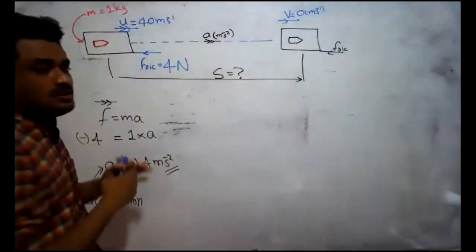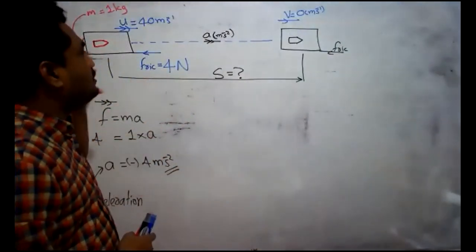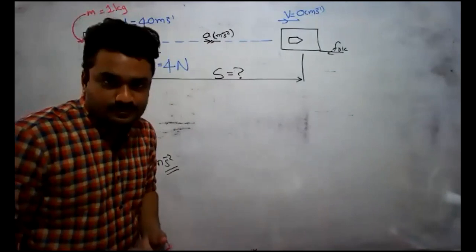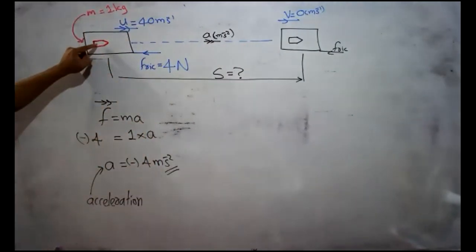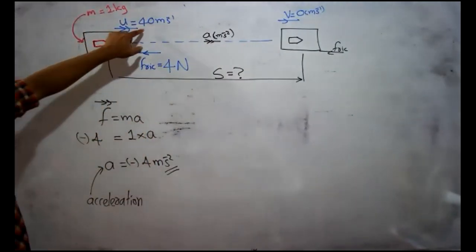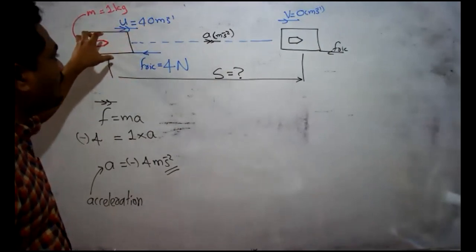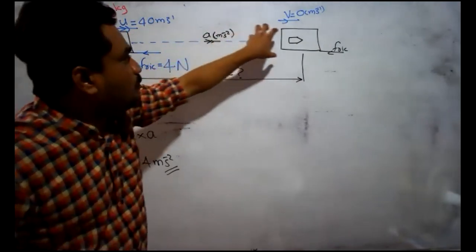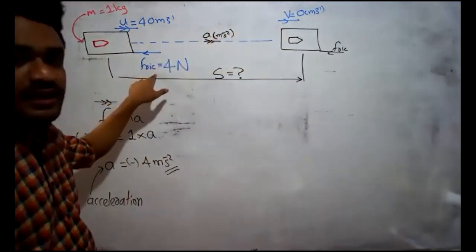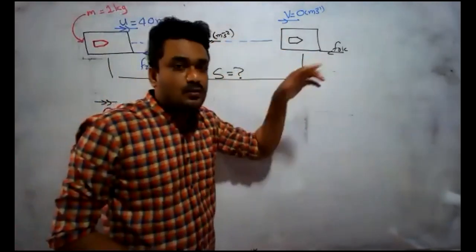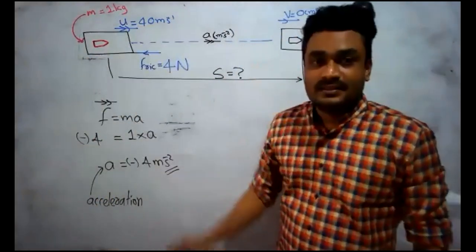This diagram shows the situation, the motion of the object after the collision. After the collision, the bullet will be inside the block and the system has a velocity of 40. So both bullet and the block move with a deceleration because of the friction force until it comes to rest. So we have not drawn this figure earlier. Okay, dear?